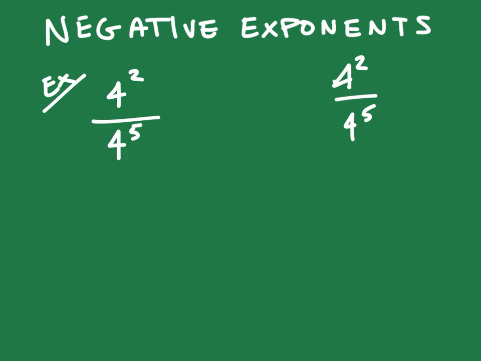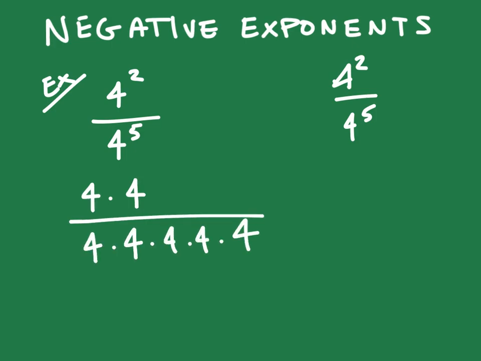Okay. The first way that we can do this is we can simply expand this out like we did when we did the quotient rule. So we can say 4 times 4 divided by 4 times 4 times 4 times 4 times 4. Okay, 4 squared, 4 to the 5th, multiplying 4 by itself 5 times.